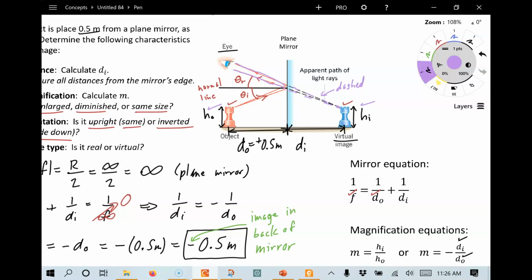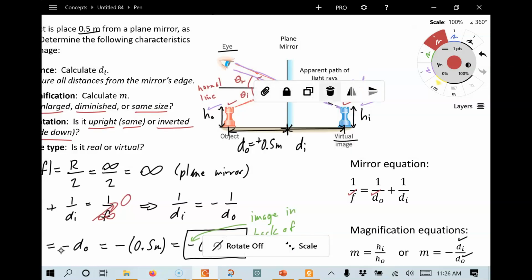It's all part of the mind's illusion. And so this is not a real image because we don't really have light coming from a point and spreading out from the image. That's not really there. It's all an illusion in the brain. Therefore, we call this a virtual image. And again, the check is look and see, is there really any light coming there? There isn't. Therefore, this is virtual.